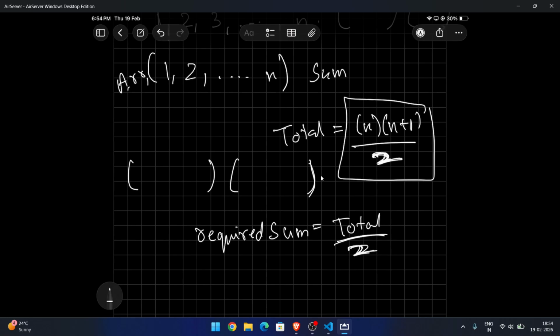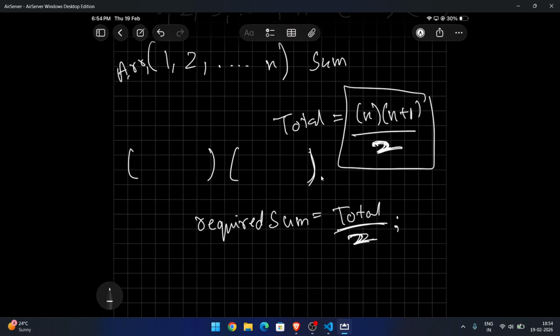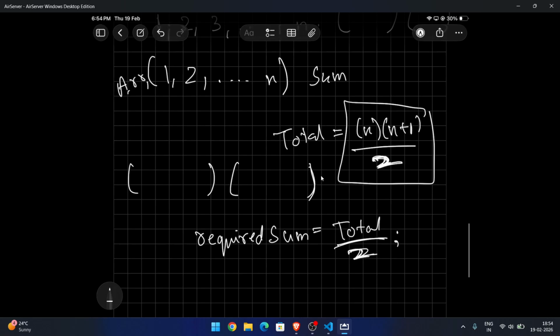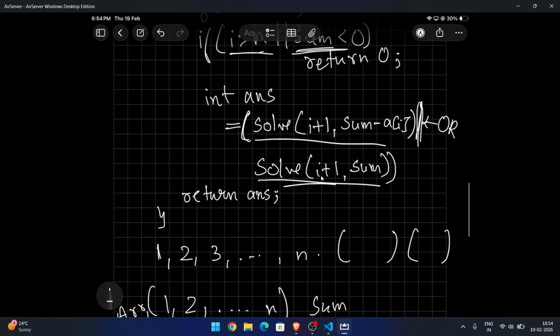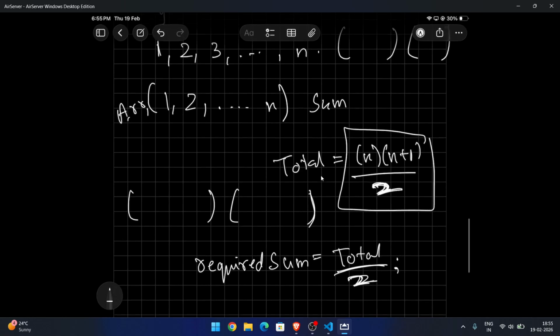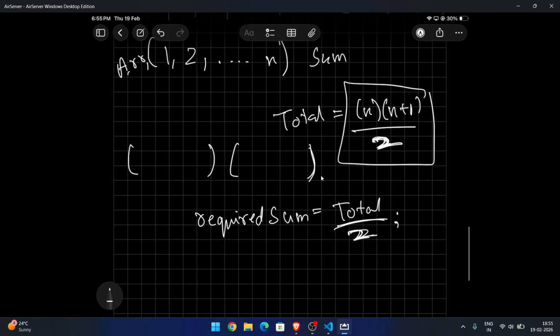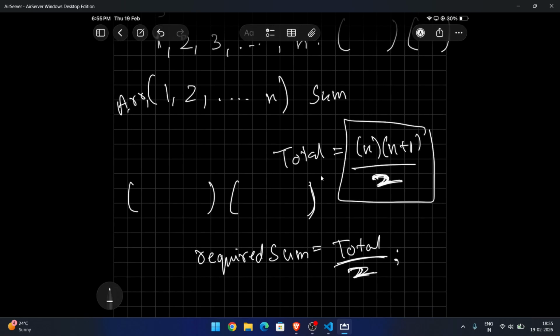So we will find out if it is possible to find the sum of 2 or not. Okay, so required sum is total by 2. So now we converted our original problem into this problem which we have already solved. That is, for a given array, we have to check if any sum is possible or not.